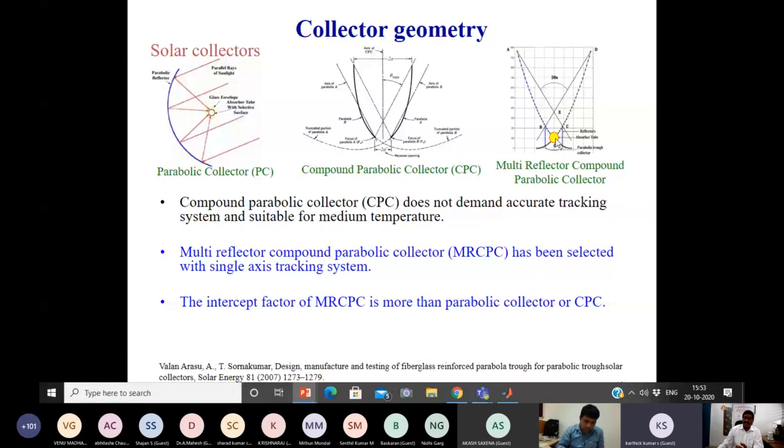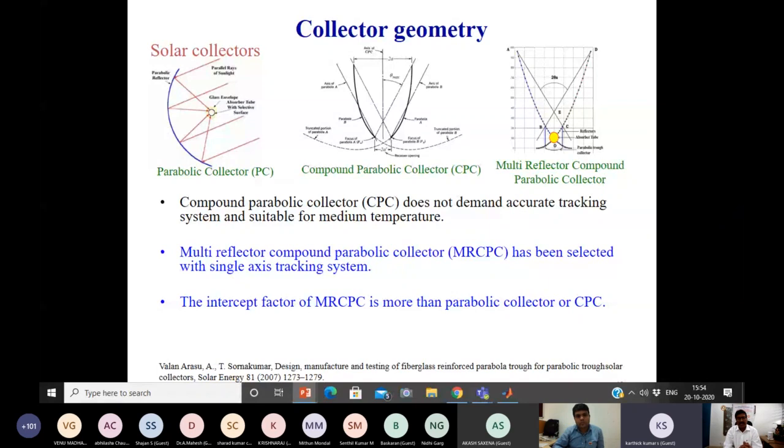So that the receiver, the yellow circle, is always receiving the sunbeams from all 360 degrees, as per the geometry, because our tracking is a passive tracking system. In passive tracking, we should not match with the existing collecting systems like parabolic concentrating collectors.